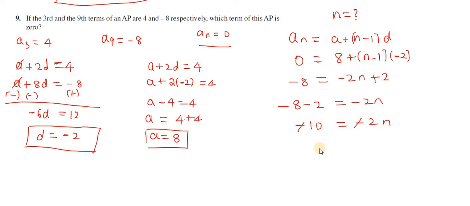The minuses get cancelled, so 10 divided by 2 is equal to n. Therefore n is equal to 5, for the fifth term. For the fifth term the AP is 0. Okay, is it clear? Yes, we'll go for the next problem.